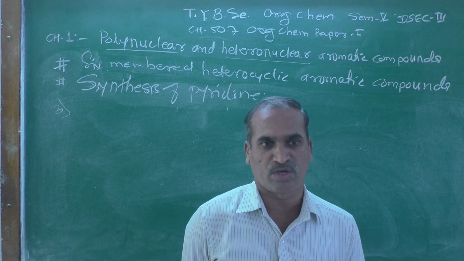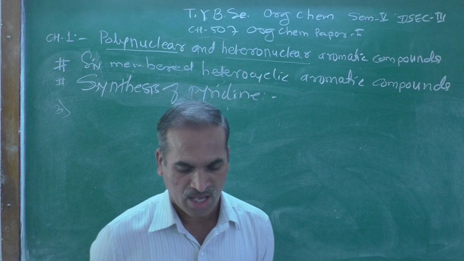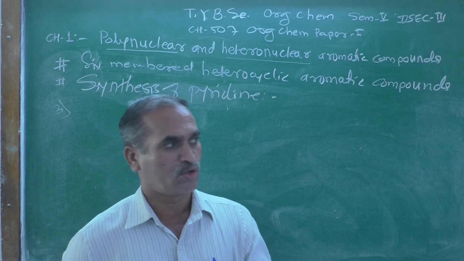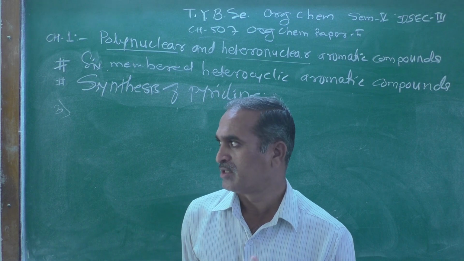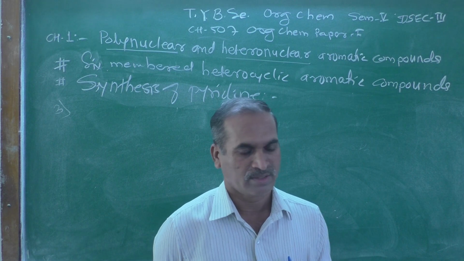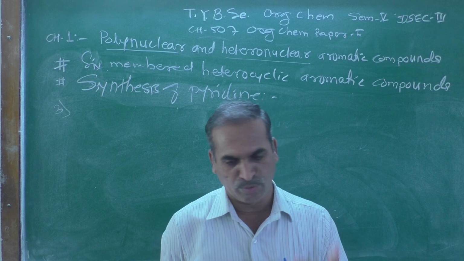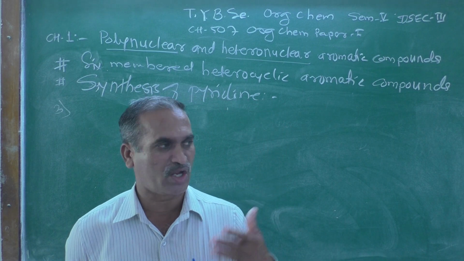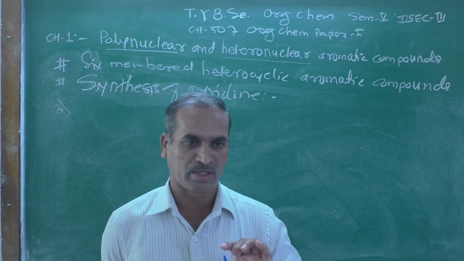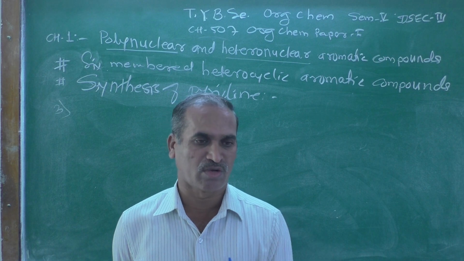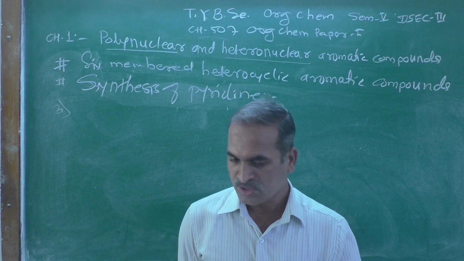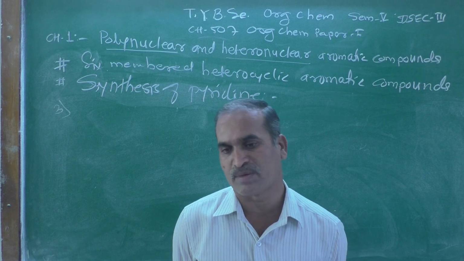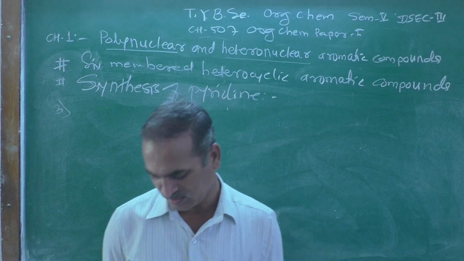Having the same molecular formula but different structures are known as isomers. So picoline also has 3 isomers: 2-methyl pyridine, 3-methyl pyridine, or 4-methyl pyridine, having the same molecular formula but different structures. So those types of compounds are known as isomers.